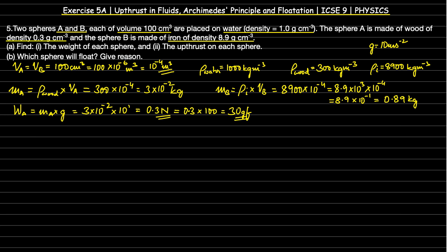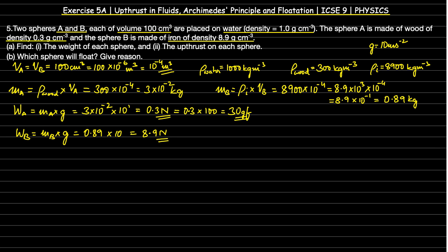Similarly, we would be finding weight of B. So I would write WB, that is equal to MB into acceleration due to gravity. Now MB, we know it as 0.89, into acceleration due to gravity, we consider it as 10. So we get it as 8.9 newtons.